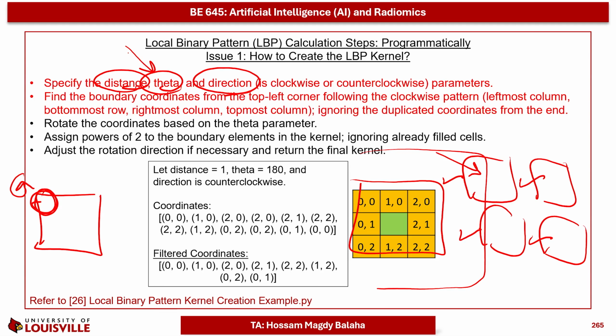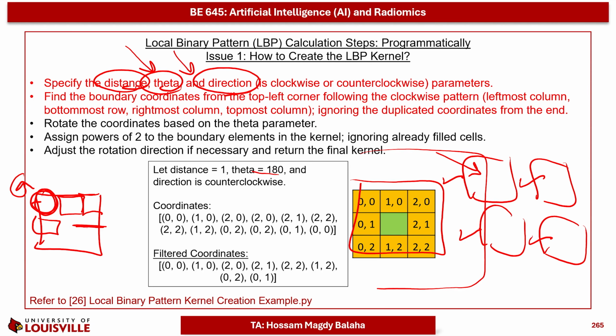And theta here will define at which cell we are going to start, starting from 0 here. So if we define 45, then the target cell or the starting cell will be that one. And if we define it 90, then the starting cell will be here. So in our example here, if theta is 180, then it should start from here. And the direction is clockwise or counterclockwise.